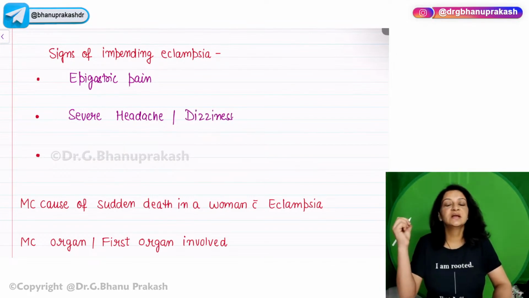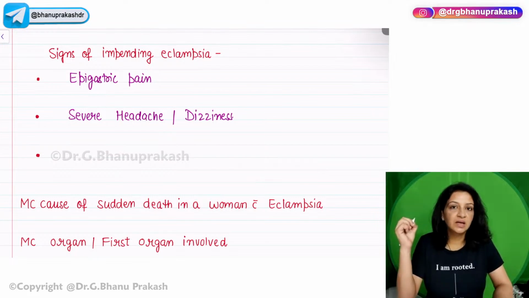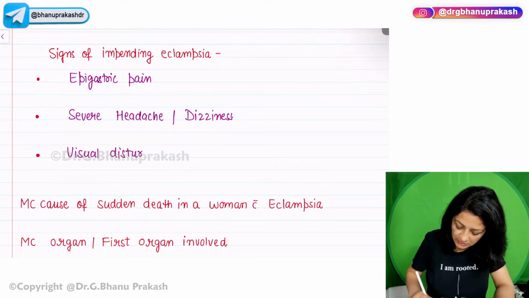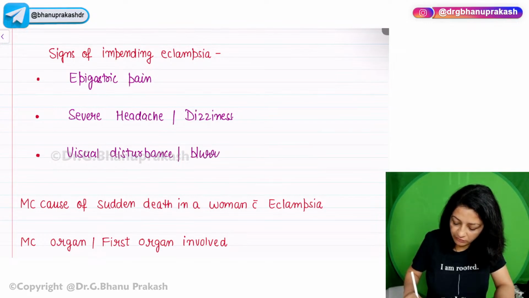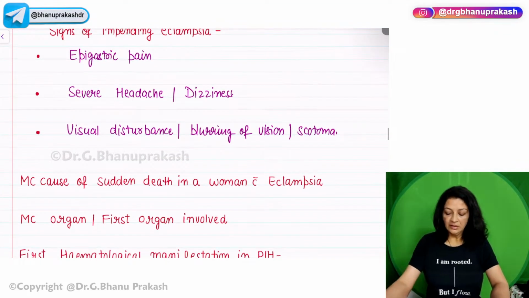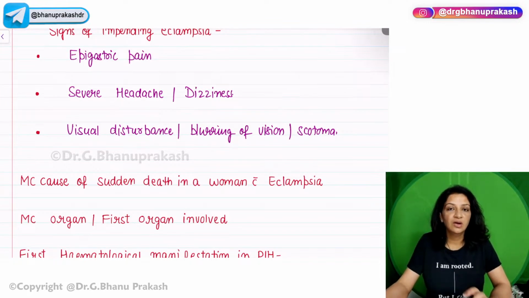due to cerebral edema. And the third important sign is visual disturbance. Patient will complain of blurring of vision and scotoma, and this is because of occipital lobe edema. So these are the three main signs of impending eclampsia.